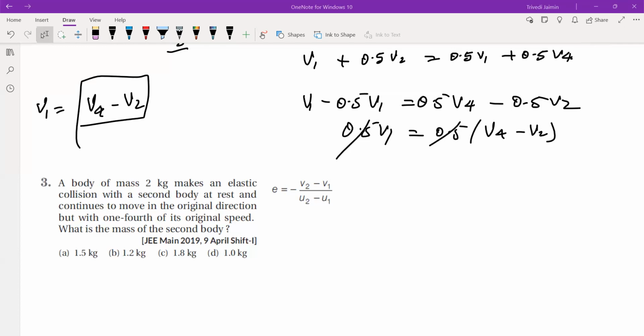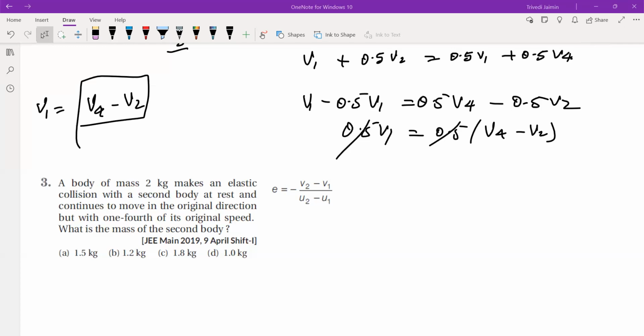So what they're saying is one-fourth of the original speed and the mass of the second body. Okay, it's very easy. You should get this. See, if we take the first velocity as v, the second as v1, or the first as v1, whatever. Here we have the formula for v2, right?